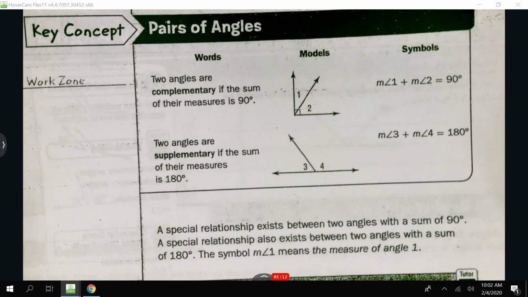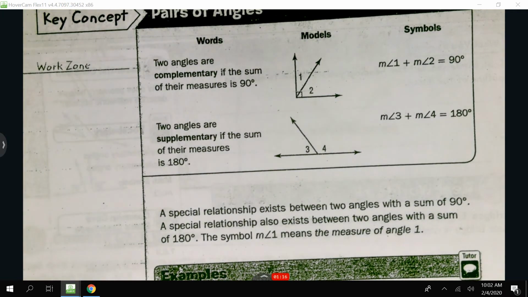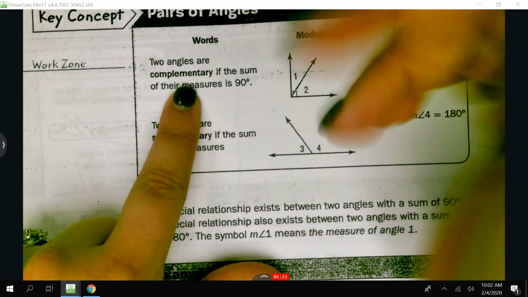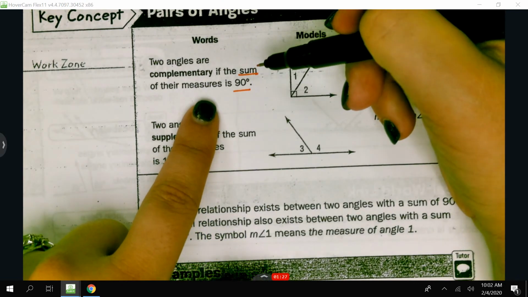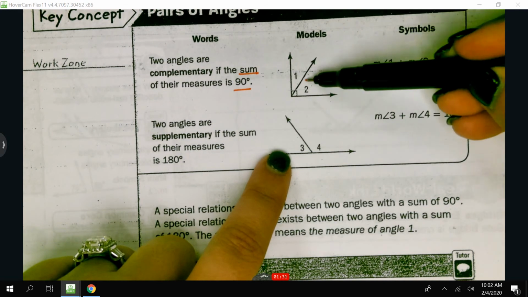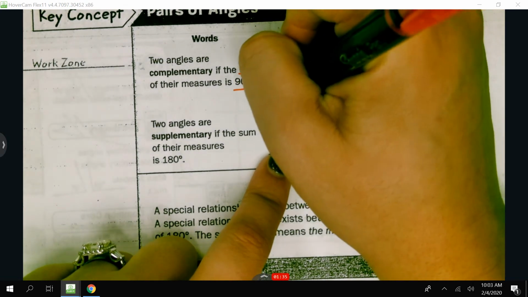Alright, so we've got pairs of angles. Yesterday we had pairs of angles of vertical and adjacent. Today we've got complementary and supplementary. So two angles are complementary if the sum of their measures is 90. What does sum mean again? Add. Okay. So that means that angle 1 and angle 2 together make 90 because of this little right angle symbol right there.